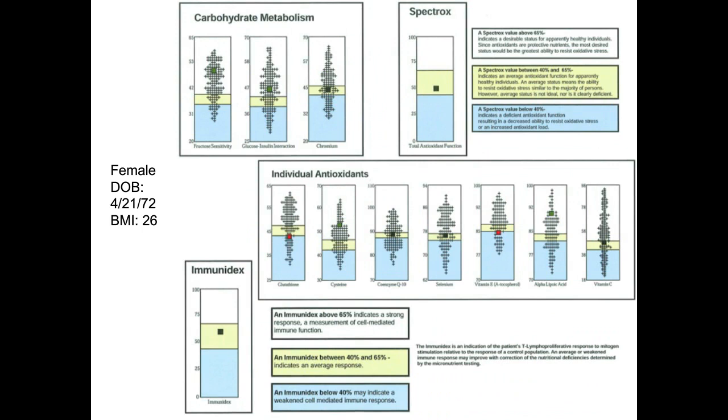Going a little further here, you can see in some additional nutrients that chromium is borderline. She has a deficiency of glutathione. Her CoQ10 is borderline. Selenium is borderline. Vitamin D is abnormal, functionally deficient, and then vitamin C. Several of these nutrient deficiencies are not just there to say you're deficient and we need to correct these, but to ask what other testing I should order to rule out or maintain your health, especially if this person comes in and says, I just want to have a wellness check.